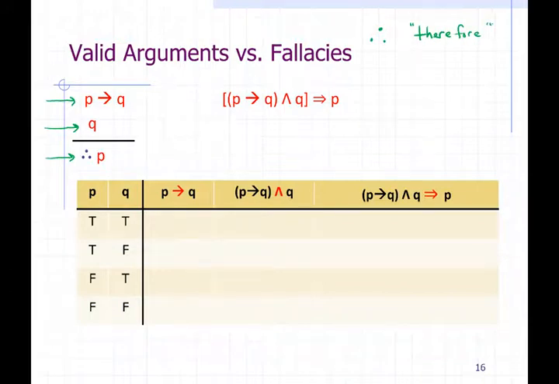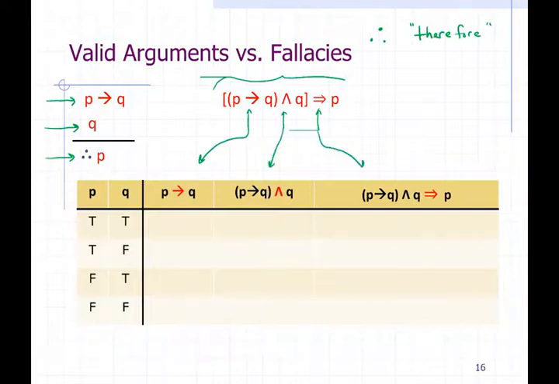Okay, so in our argument that we set up on the previous slide, we have three logical connectives. We have the conditional, we have a conjunction, and we have another conditional. So three logical operators, three steps to putting together our truth table.